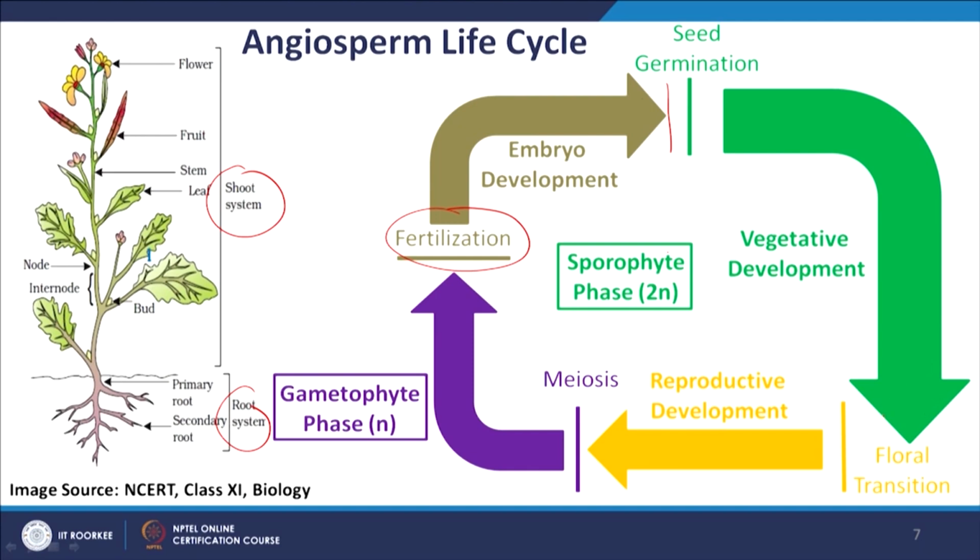At a certain time point there is a phase transition, called the floral transition, where the vegetative phase is converted into the reproductive phase. During the reproductive phase, reproductive organs like flowers are developed, and in the flower there are sex organs, basically anthers and carpel, where the gametophyte phase is restricted in angiospermic plants.